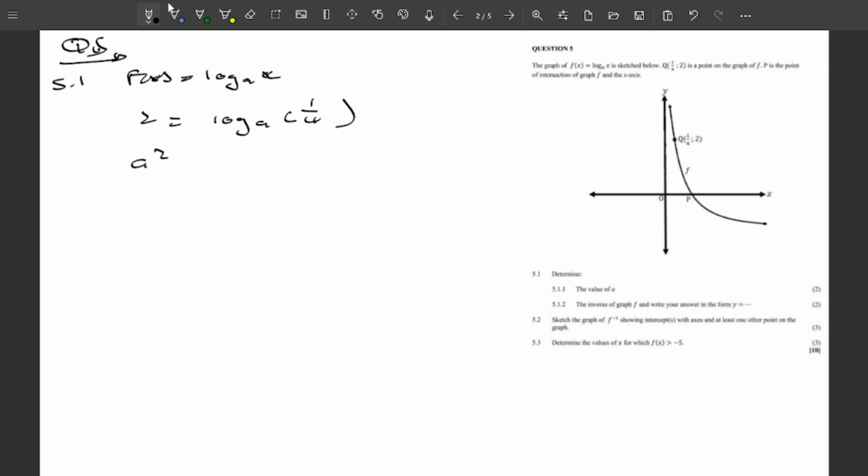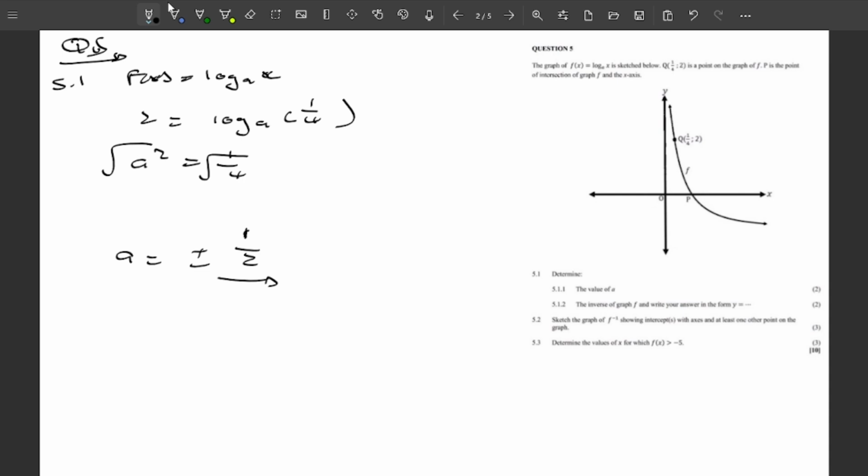It's going to be a squared, since we take the a and 1/4, square root both sides. Then a is going to be plus or minus 1/2. The reason being that the square root of 1 is 1, and the square root of 4 is 2. And so it's plus or minus.